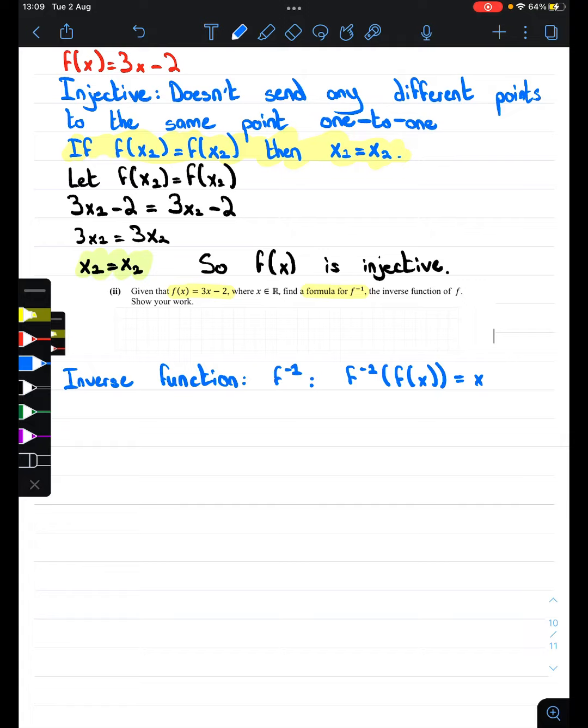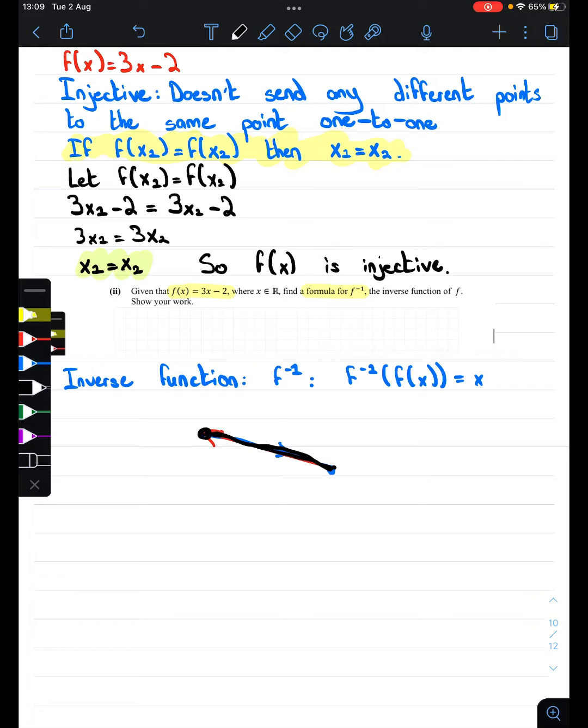So if f goes from here to here, then f inverse goes from here to here. So it goes backwards. So f inverse of f of x would be like going all the way over here and then going back.